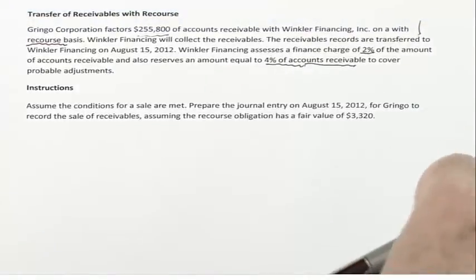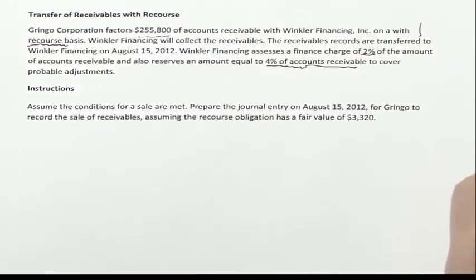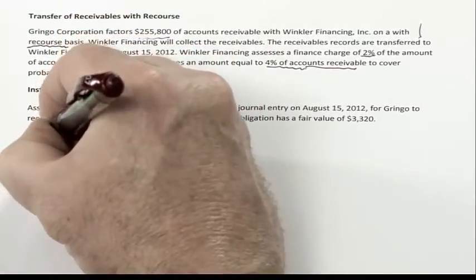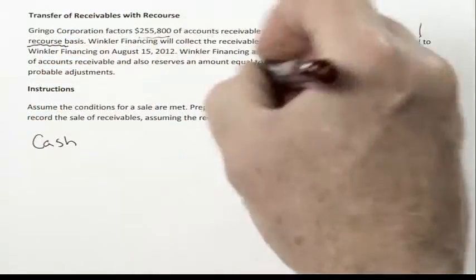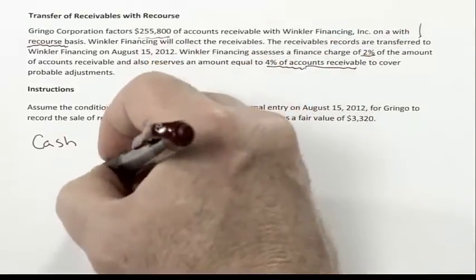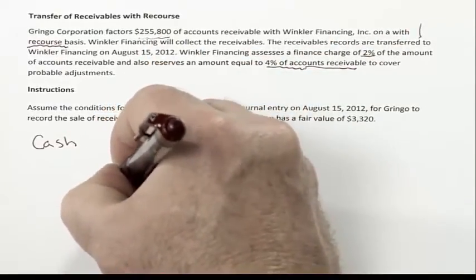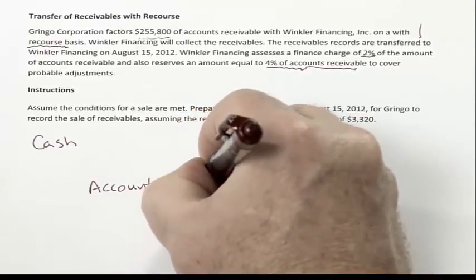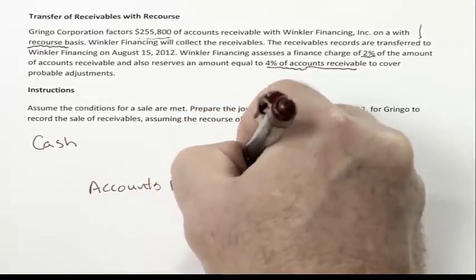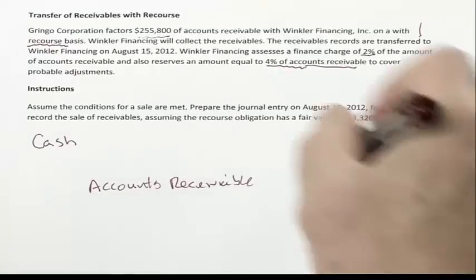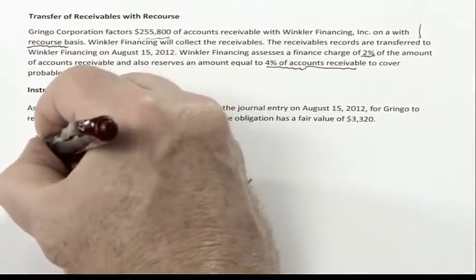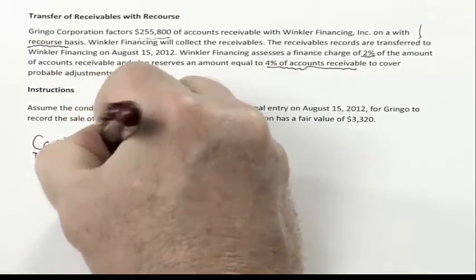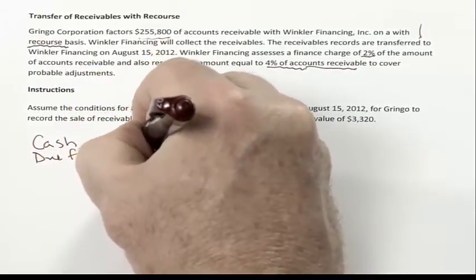The best way to analyze this is to build the journal entry related to this transfer. So let's see what's going to happen. Well, first, as we discussed, Gringo will receive cash and it will transfer its accounts receivable. So that'll be a credit to transfer the accounts receivable. Secondly, we know there's a due from factor. That's for those returns and allowances. That's a debit.